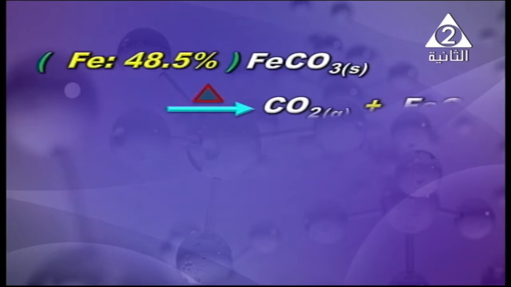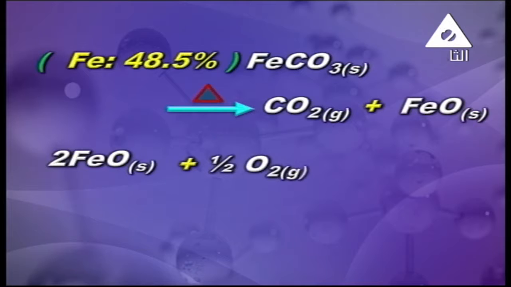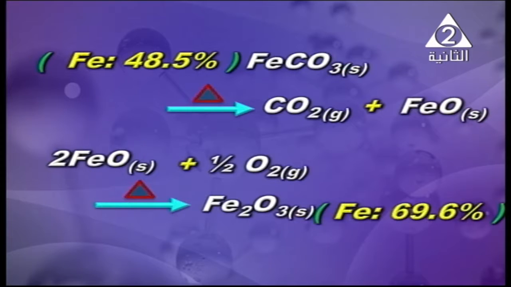On heating iron 2 carbonate, it gives carbon dioxide and iron 2 oxide. As we know, iron 2 oxide is easily oxidized by air into iron 3 oxide, which has an iron percentage of 69.6%. So we have increased the percentage of iron on converting iron 2 carbonate into iron 3 oxide.